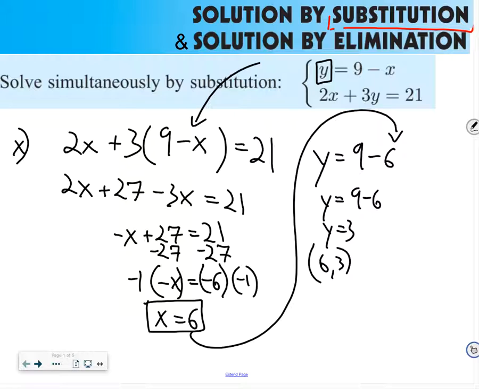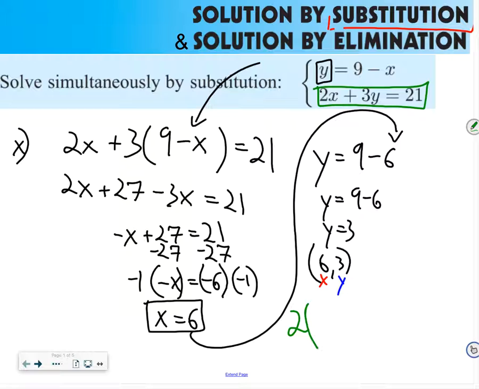Now, how can I verify that that's a solution to my linear equation? I like to go back and check it by plugging it into this equation. If by substituting in those values I come up with a true statement, therefore it's a solution. So I plug it in. Since this is my x and this is my y, I'm going to plug it back into my equation here.